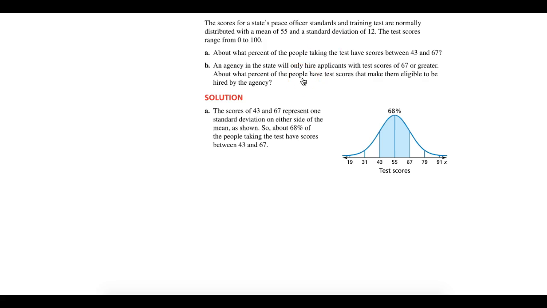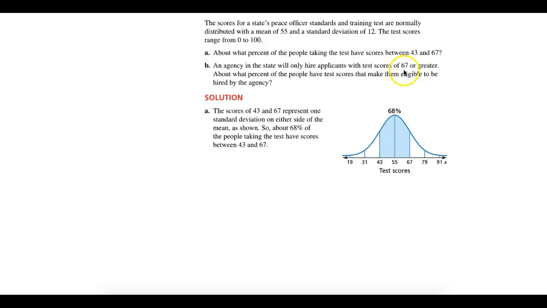So let's look at the second part. The agency will only hire applicants with test scores of 67 or greater. About what percent of the people have scores that make them eligible to be hired by this agency? So before I click through, let's look at where we're looking on here.